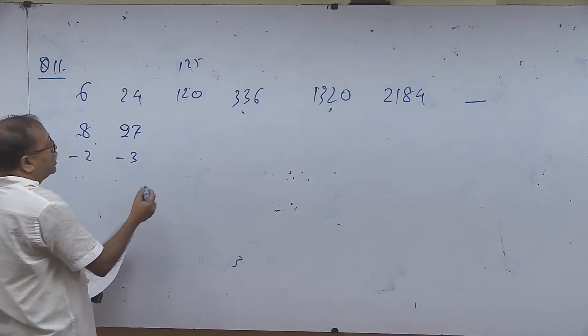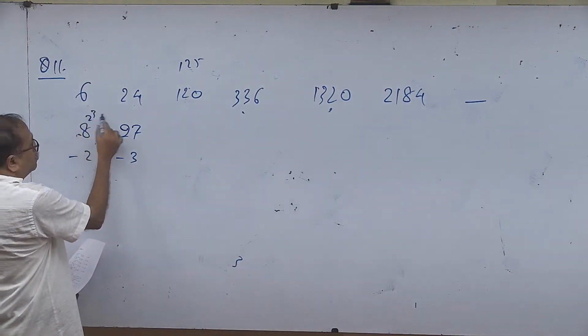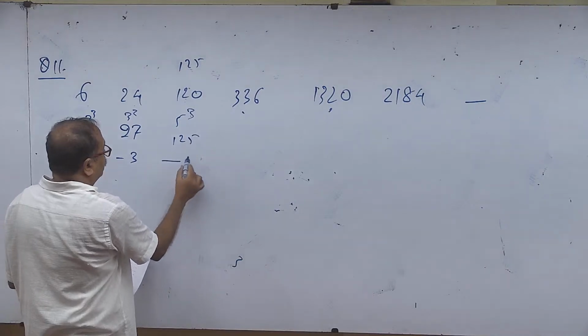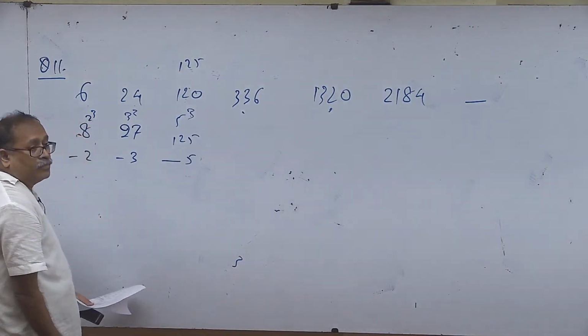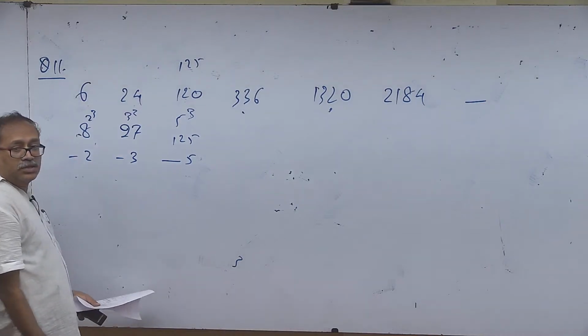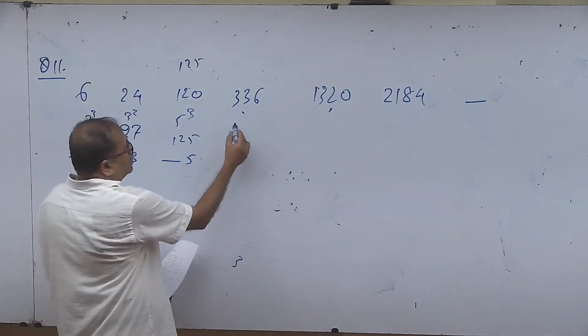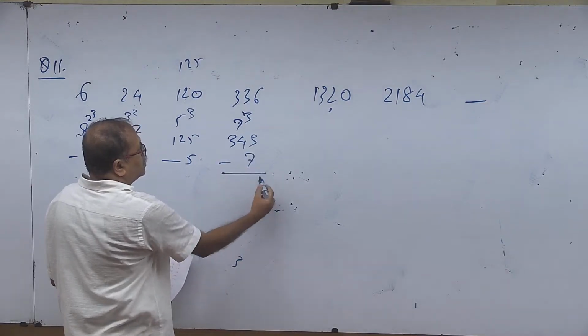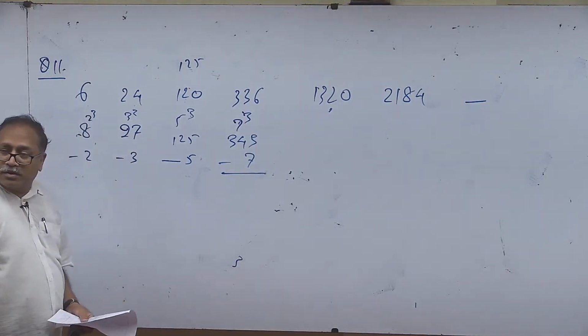So there it is 5 cube. So this is 2 cube, this is 3 cube, and this is 5 cube. 125 minus 5. So the next one, 2, 3, 5, it's a prime number, 7 cube. So 7 cube is 343 minus 7. Got it?